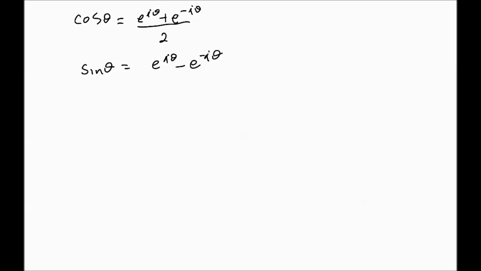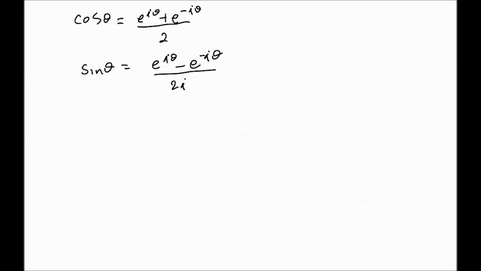So we note that under the Euler's formula definition, we can clearly show that cosine theta, with a nice little combination, is in fact e to the i theta plus e to the minus i theta, divided by 2. Sine theta, similarly, is just e to the i theta minus e to the minus i theta over 2i.